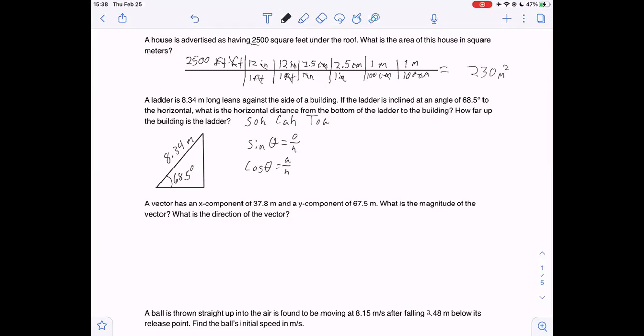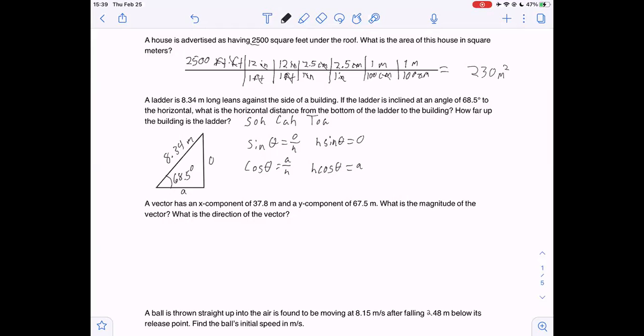So now we can rearrange these. So hypotenuse times sine of theta is equal to our opposite. Our opposite is going to wind up being our y direction. And then we have h cosine of theta is equal to our adjacent, and our adjacent is going to be our x.